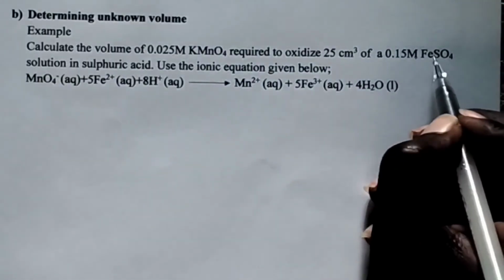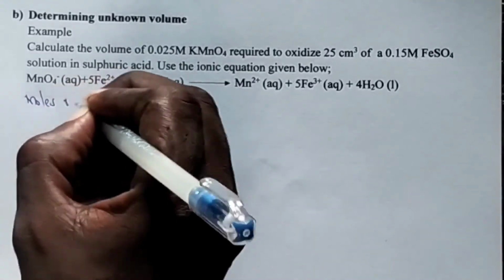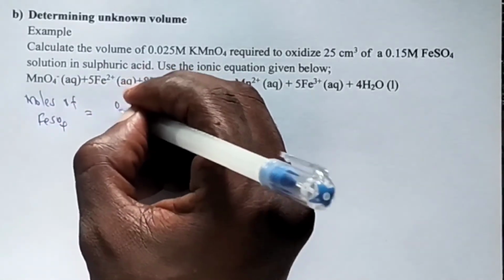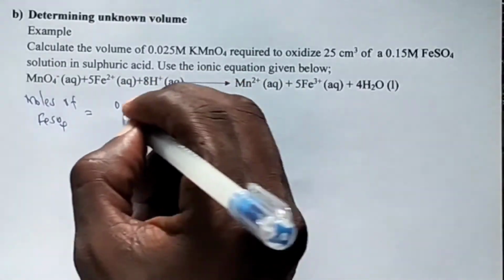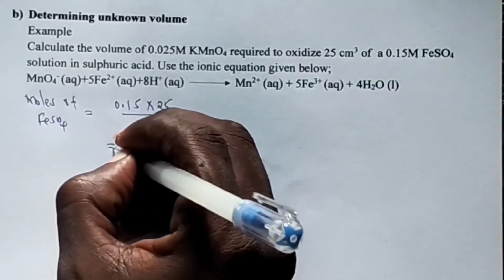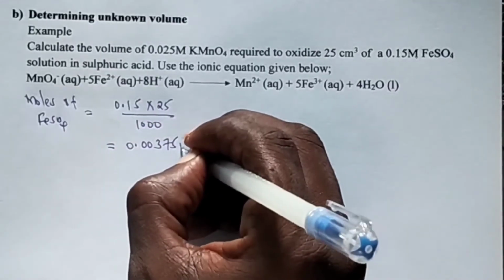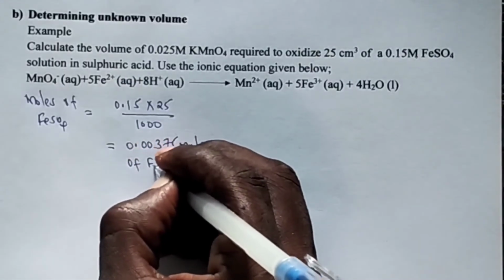So here we want to start with the number of moles of iron 2 sulfate. As you know, moles is given by molarity, which is 0.15, multiplied by volume, which is 25, divided by 1000. This we are going to get 0.00375 moles of iron 2 sulfate solution.